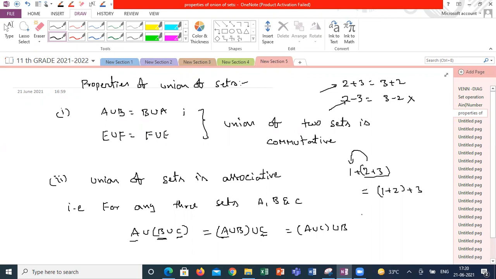That is the union of set A, set B and set C. Guys, clear what it is saying? What is the meaning of associative law? Correct or not? Yes, sir.